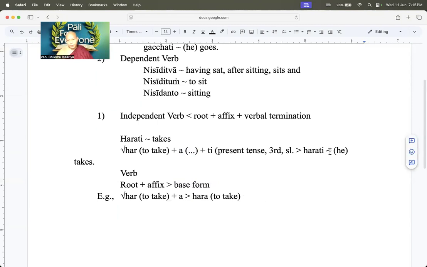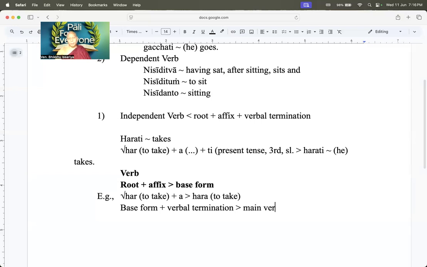But if we add the verb terminations, now to the base form hara, by adding the verb termination, at that time we have the independent verb or main verb.